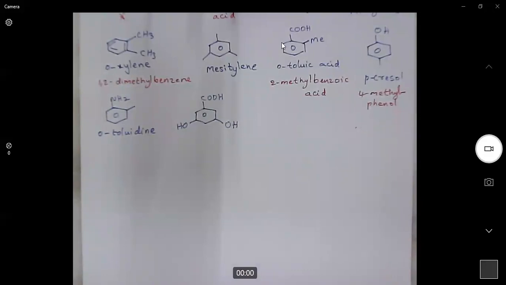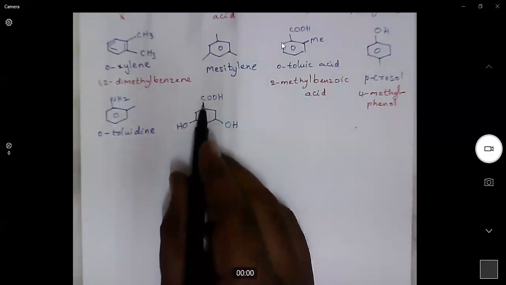Carboxylic acids, esters, nitriles, then aldehydes, ketones, alcohol, amine, alkene, alkyne, alkane. This is the priority order. So here carboxylic acid is the first priority.